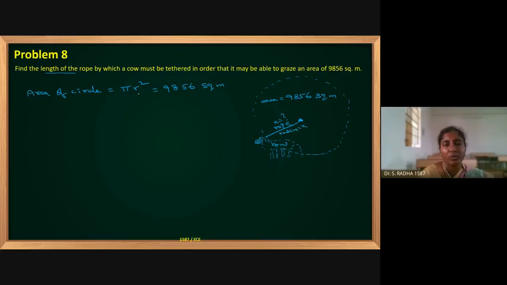I can put r or otherwise x, the radius of the circle. The r value I am supposed to find. So pi is 3.14, r square equals 9856, and now I will take this 3.14 to the other side. Any possibility of simplification we have to try.